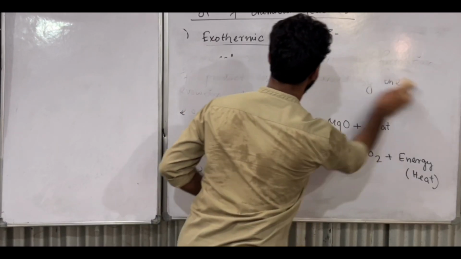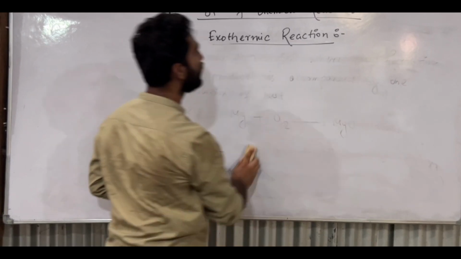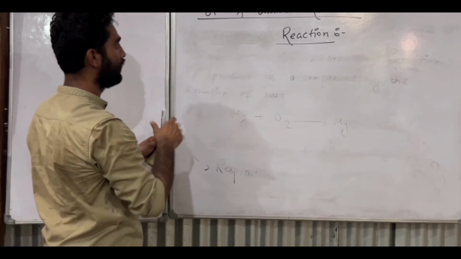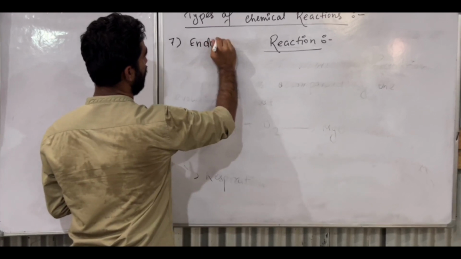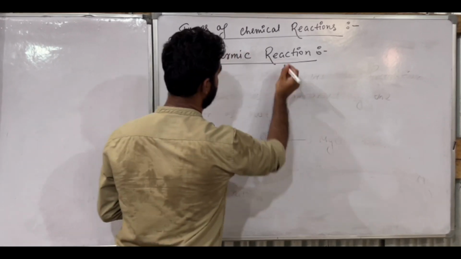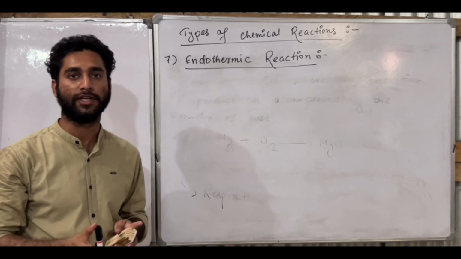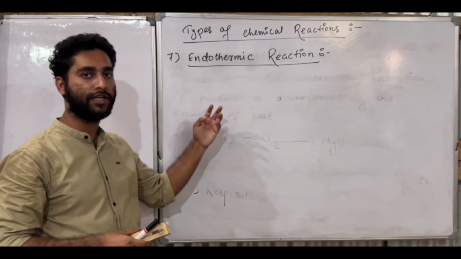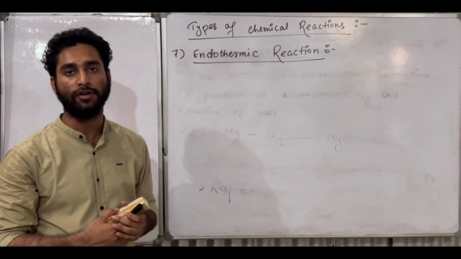Then number 7, the next type of chemical reaction, is called endothermic reaction. The endothermic reaction is just the opposite of the exothermic reaction. In an exothermic reaction, what we studied, the formation of the product is accompanied by the evolution of heat.